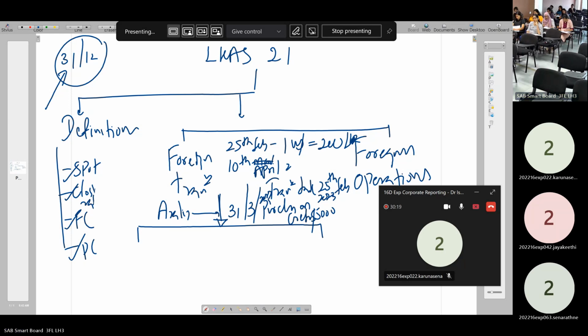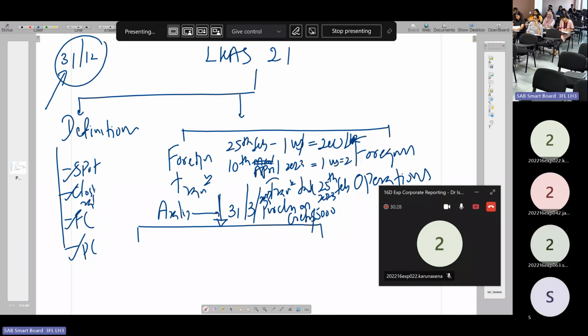That is 2023. On that day $1 US equals 250 rupees LKR. On 25th, $1 US equals 200 LKR.